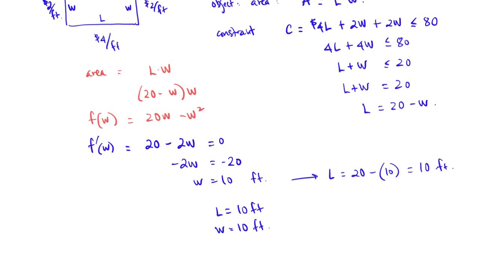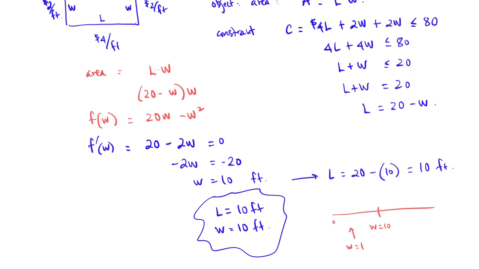Now, how do we know that this combination will give us the largest area? We can use the first derivative test. The critical number that we found is W equals 10. If we plug in a number between 0 and 10, such as W equals 1, into the derivative, then we see that this is 20 minus 2, which is positive.